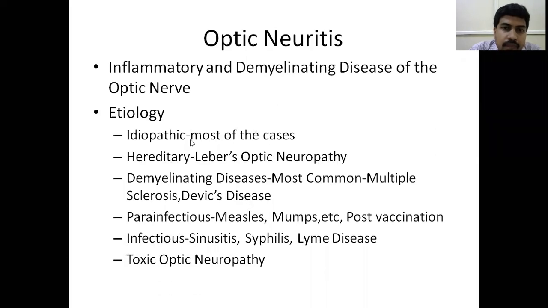What is the etiology? In most of the cases it is idiopathic. So in medicine, you remember, anywhere you write idiopathic as the cause of a disease, you'll be right in 90% of the cases, because in most of the cases idiopathic will be the reason behind it. We can't say what is the reason for that particular entity. So in your practical exams, if you fumble, if your professor asks you what is the cause of this particular disease, if you say idiopathic, most of the times you'll be correct.